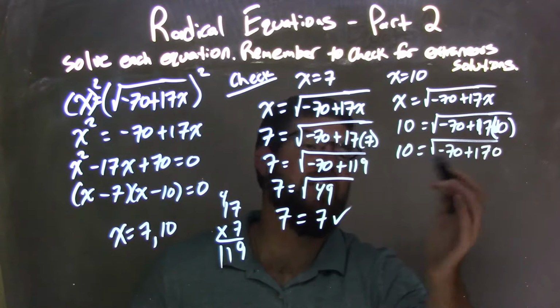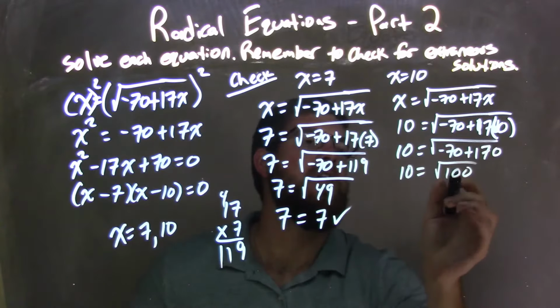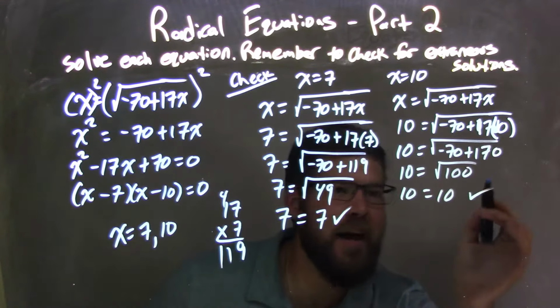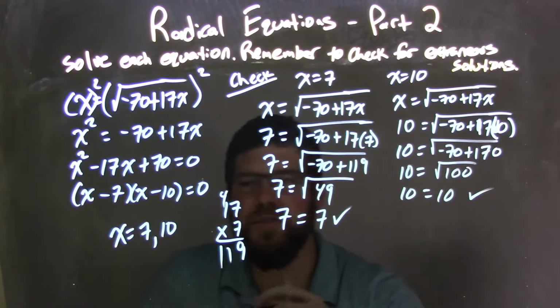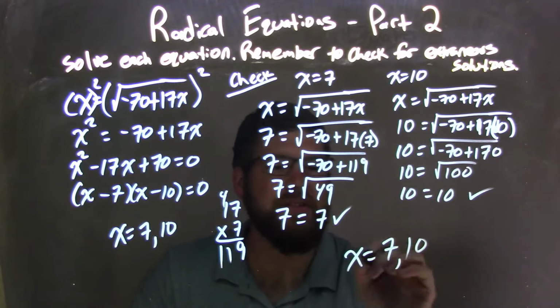Negative 70 plus 170 is just 100, so we have 10 equals the square root of 100 here. The square root of 100 is just 10, so 10 equals 10. Left and right hand side are both equal. No extraneous solutions here. And so my two solutions are, in fact, totally real, and they're 7 and 10.